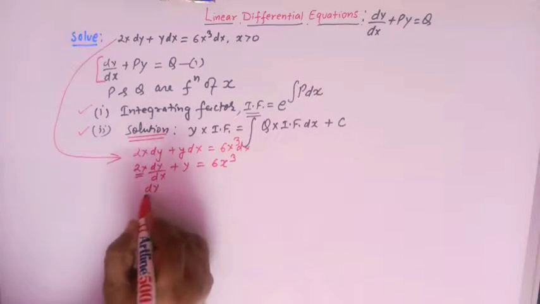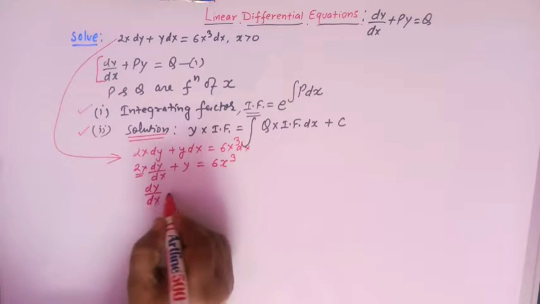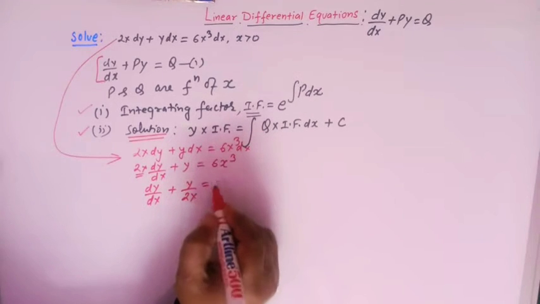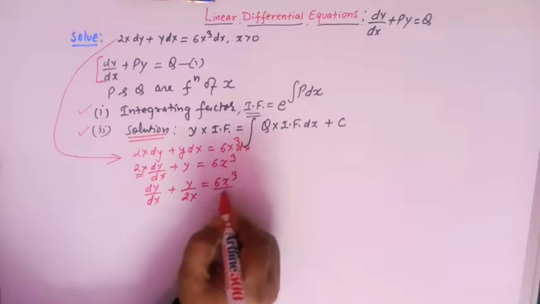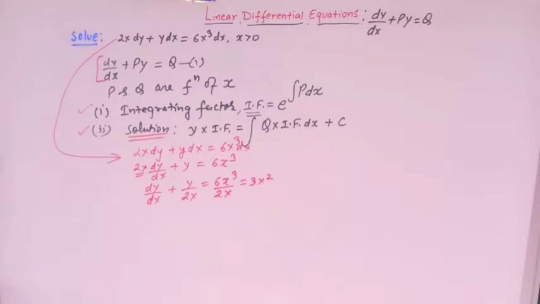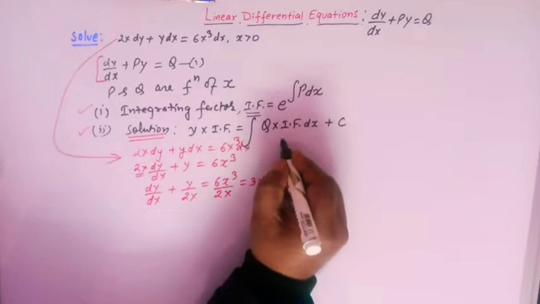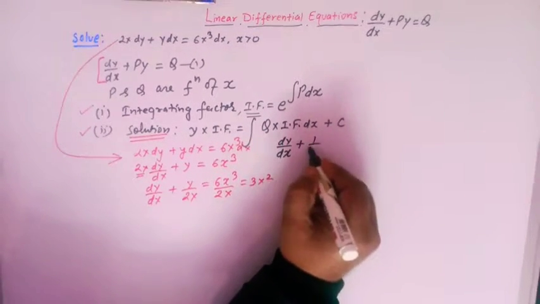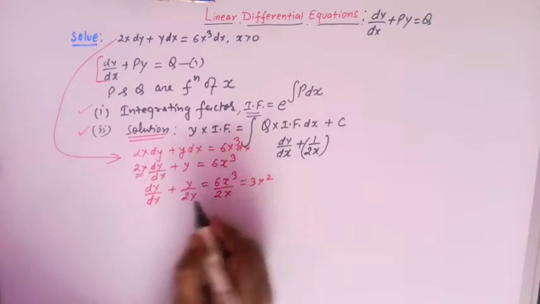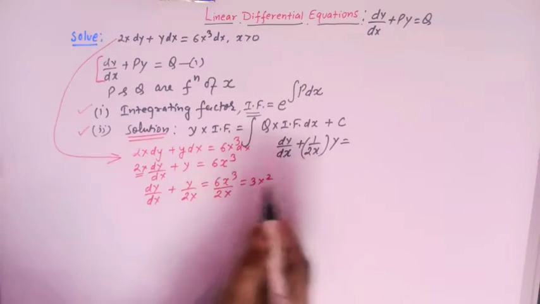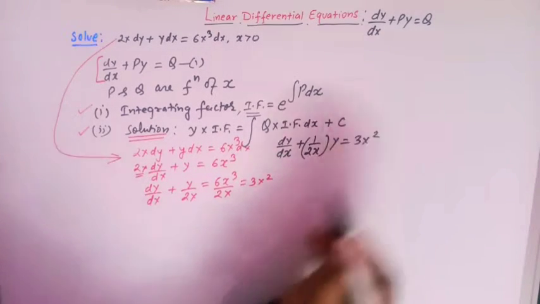So we have dy over dx plus y over 2x is equal to 6x cube over 2x, that is 3x square. Now we have the equation dy over dx plus 1 over 2x times y is equal to 3x square.